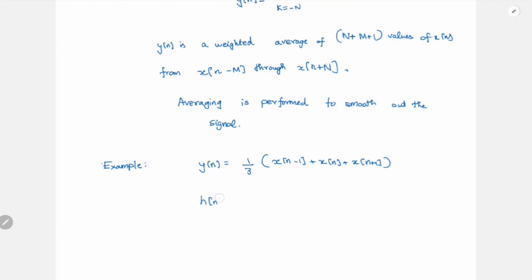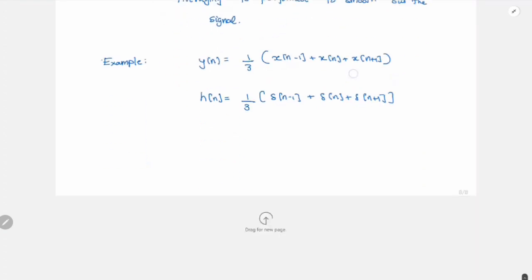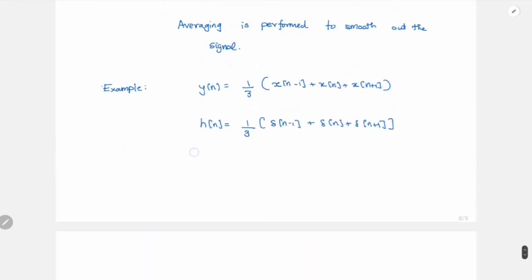So the impulse response of this will be 1 by 3 times delta of n minus 1 plus delta of n plus delta of n plus 1. From this I can find the frequency response, H of e power j omega, equals summation k equal to minus infinity to infinity, h of k e power minus j omega k. So this is going to be equal to 1 by 3.